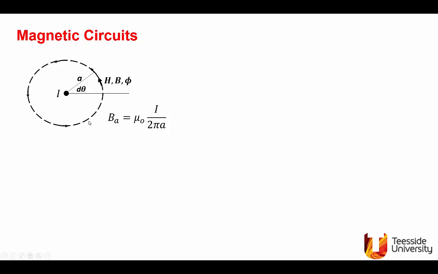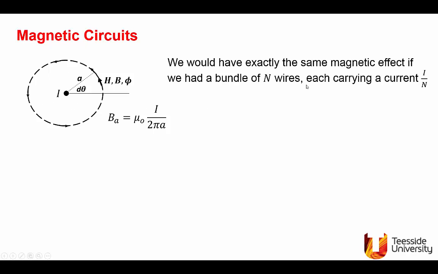We could have got exactly the same results if instead of current I here, we had n conductors, each carrying I over n, because what matters is the total current enclosed by the contour, and that's what's written here. Generally, we will use the current enclosed, the sum of all the currents enclosed by a contour.